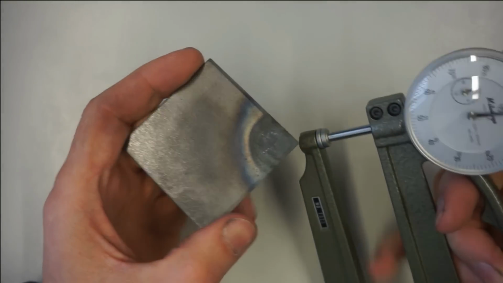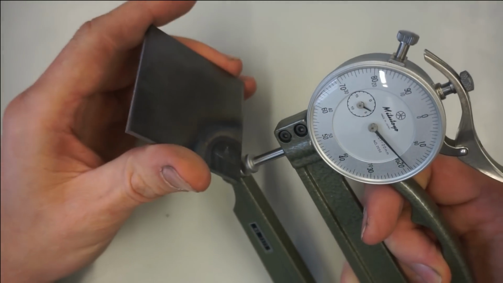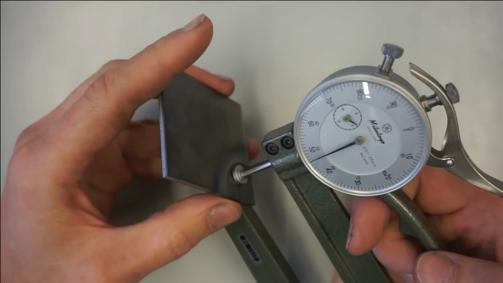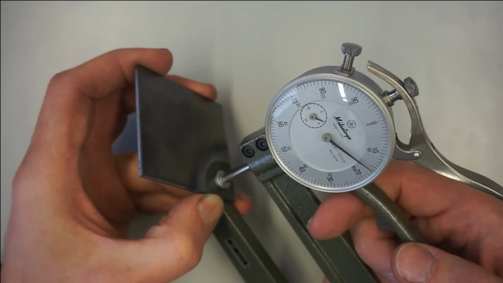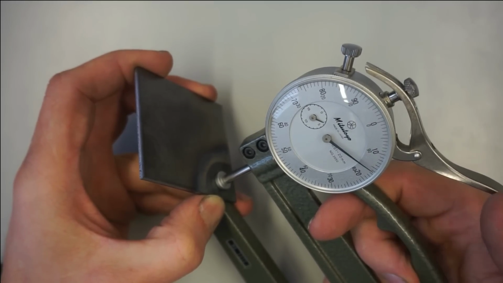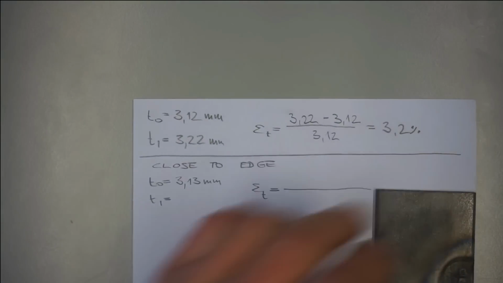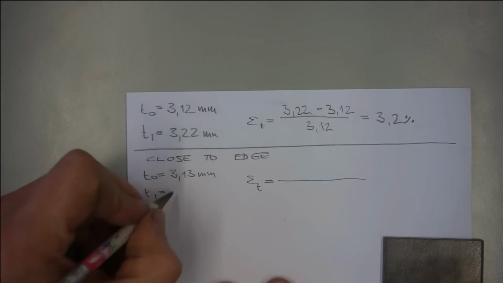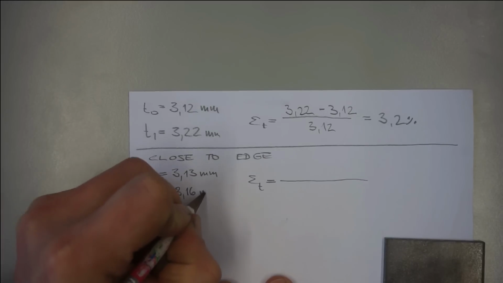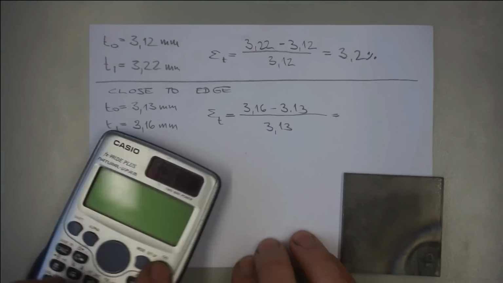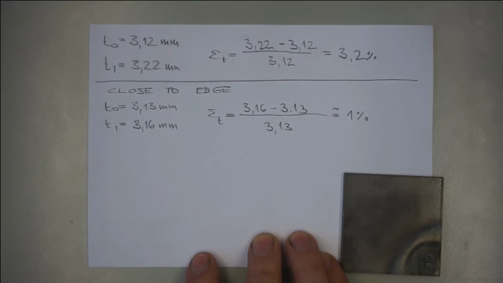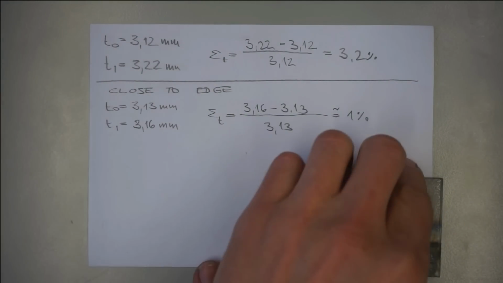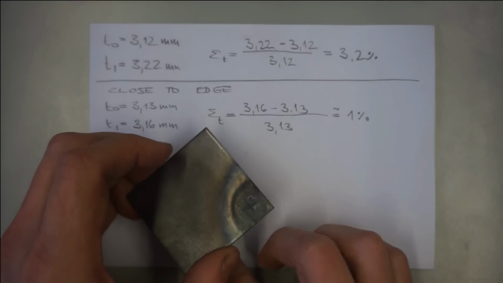Thickness after cooling is 3.16 millimeters, which gives a thickness strain of approximately 1%. So it's notably less than what we got with the first one.